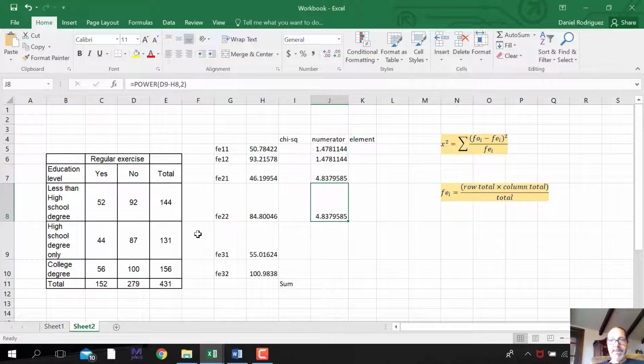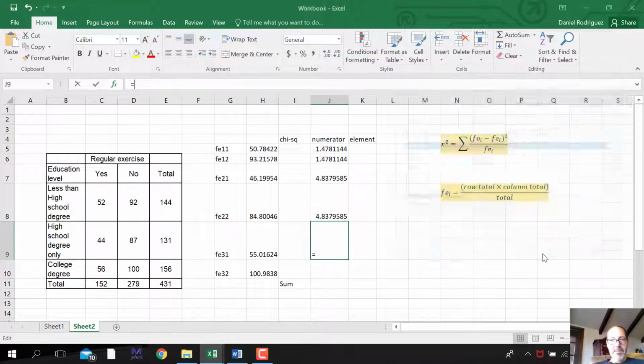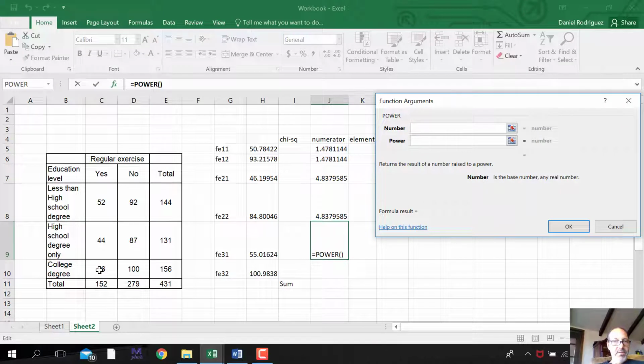Let's see. And then we have the last two. We're going to do power here. So what's the observed for cell 3, 1 minus the expected, and then raise that to the second power.